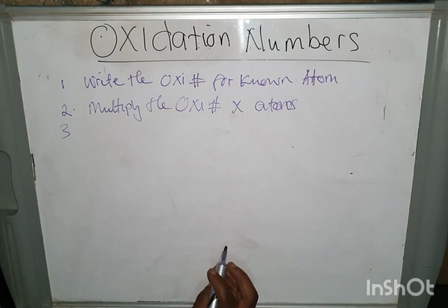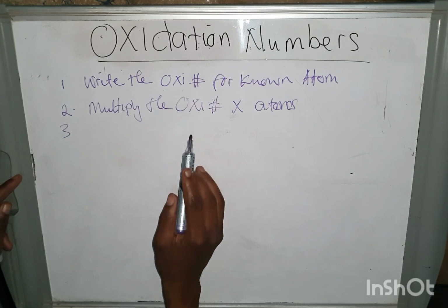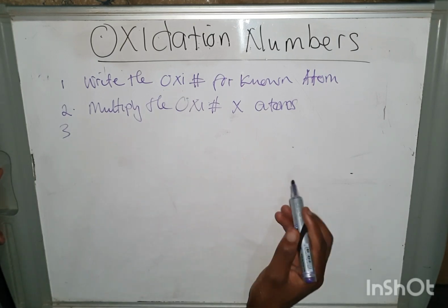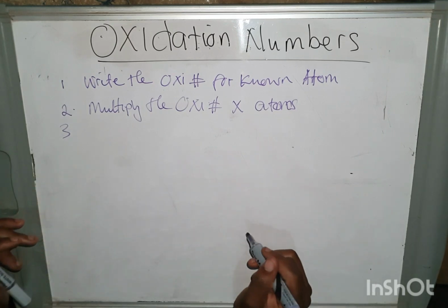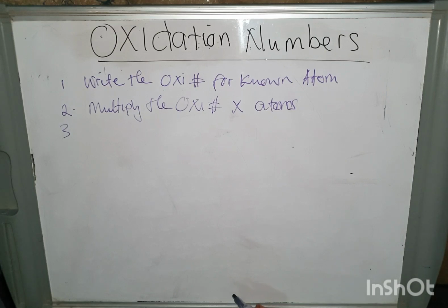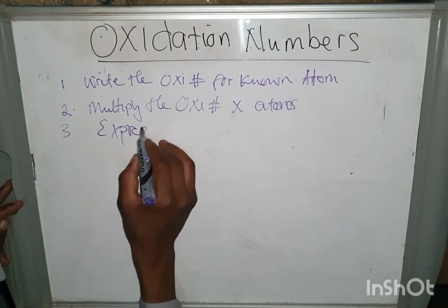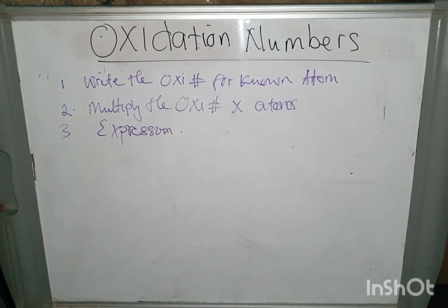So you write the expression for the element whose oxidation number is known plus the element whose oxidation number we are looking for, equals the oxidation number of that compound, molecule or polyatomic ion. Okay, these are the steps which I use. So here we'll just write an expression like that.